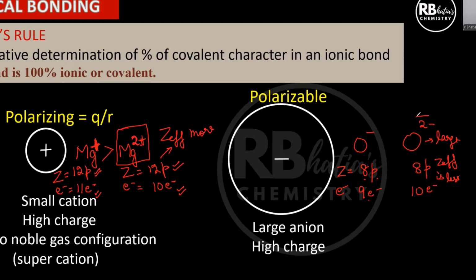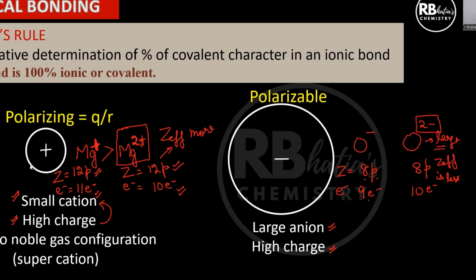So the more the negative charge, the larger the size, and the more the positive charge, the smaller the size. Hence, a small cation with high charge will also make the size of the cation small, and a large anion with high charge, because high charge on an anion, on a negative ion, will make it larger in size.